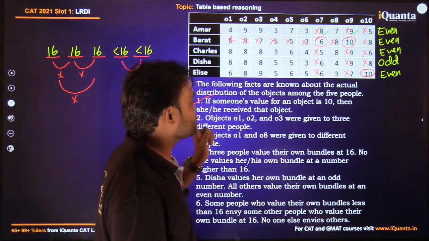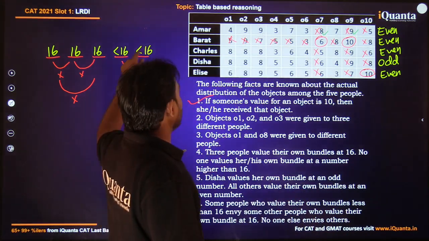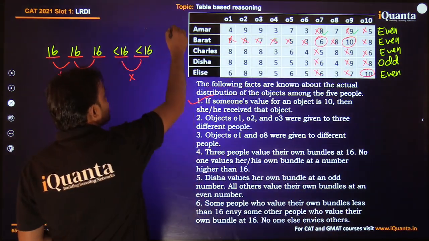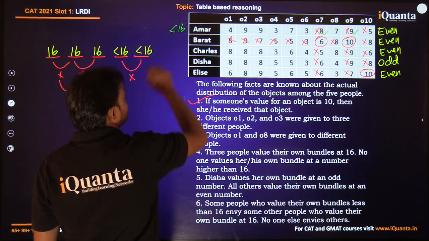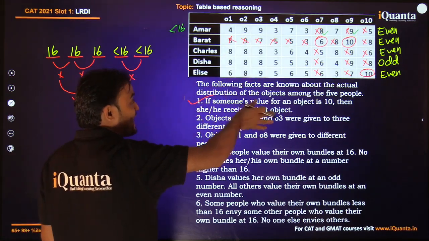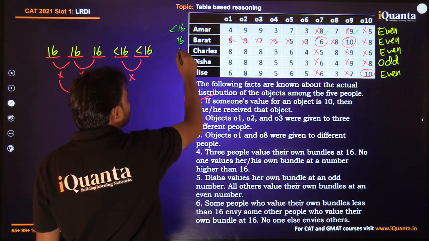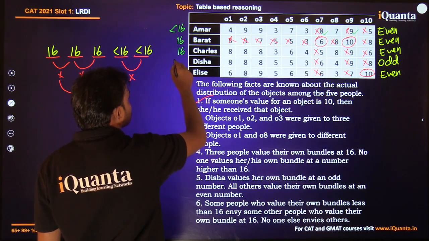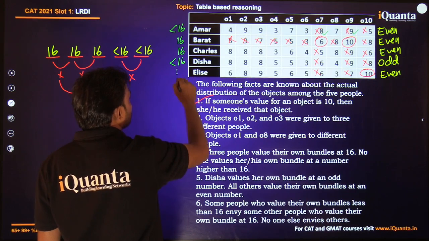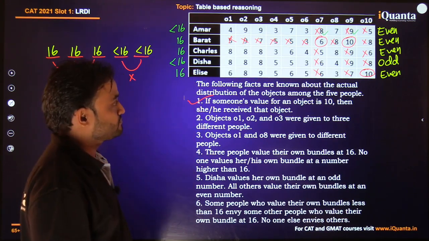He cannot have 16, so it can only be less than 16. So for Amar, the sum of values of the objects he has, according to him, is less than 16. B is 16, C is 16, Disha is also less than 16, Ellis is 16.